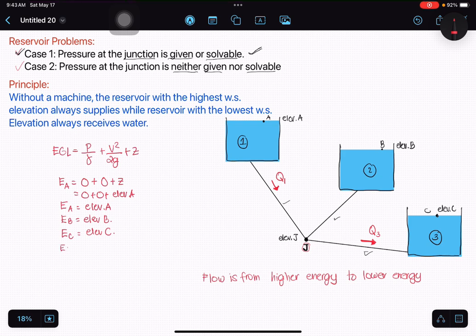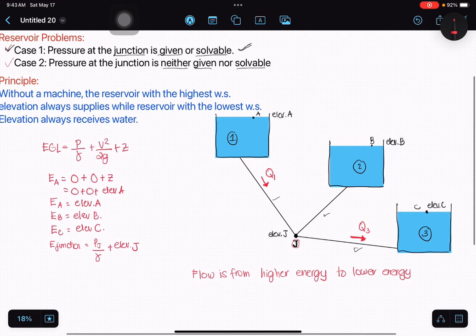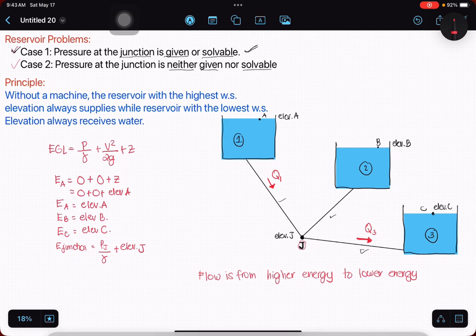Now, how about at the junction? At the junction, meron tayong pressure head. So, P at the junction over gamma. Meron din tayong elevation. So, tawagin nating elevation J. Now, ang wala tayo is kapag sa junction, our velocity is 0. So, sa mismong point kung saan magmi-meet yung mga pipelines natin, doon sa junction na yun, the velocity is 0.